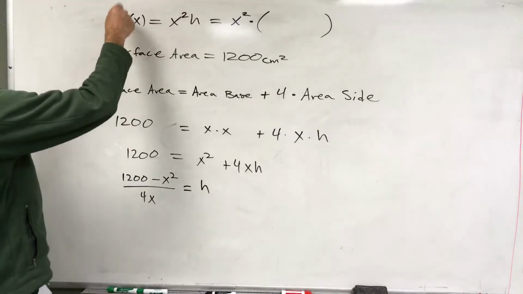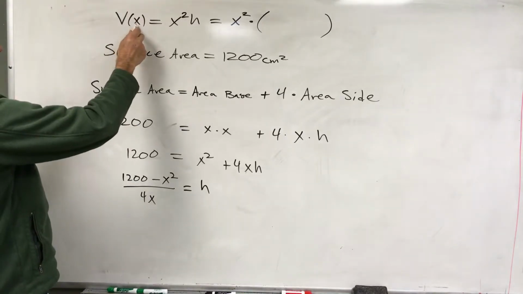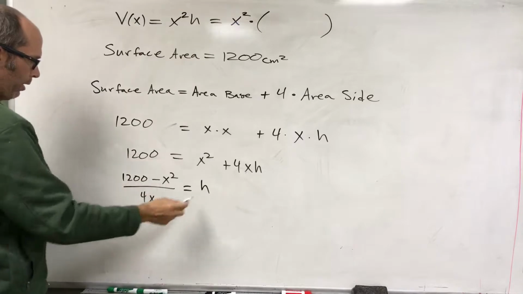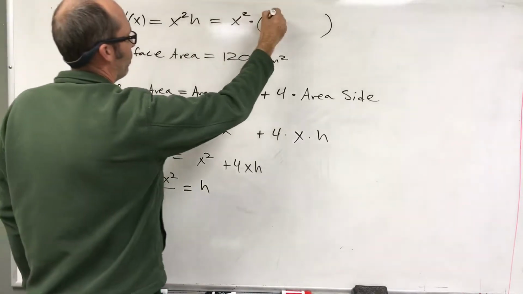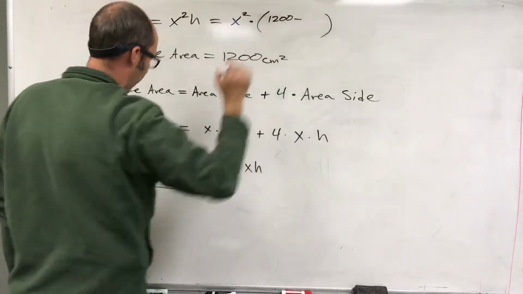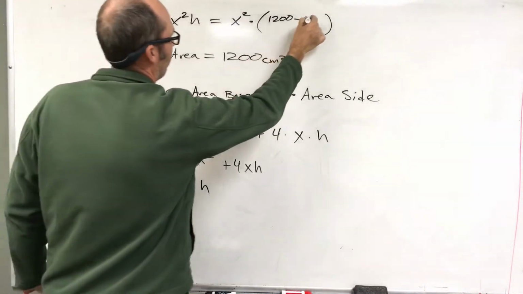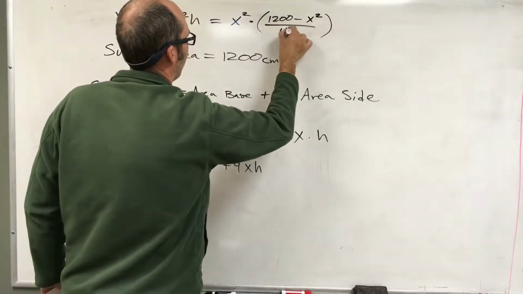So the volume in terms of x is x squared h, and h is that, so we have x squared times 1200 minus x squared over 4x.